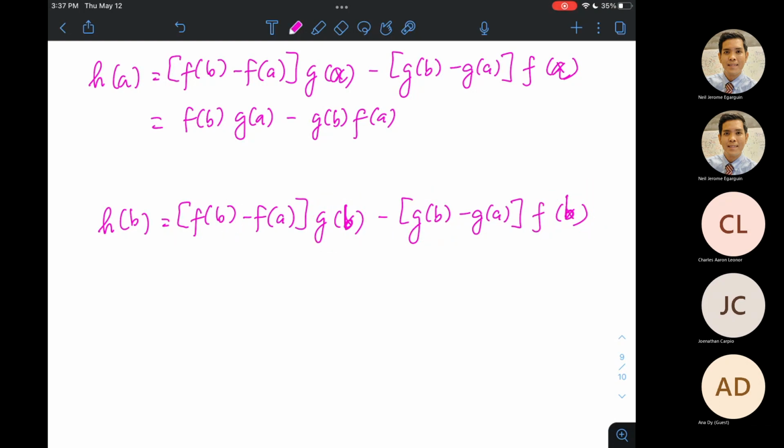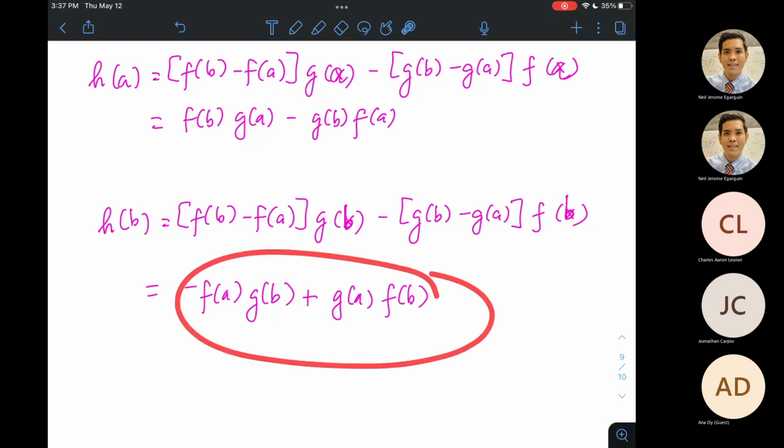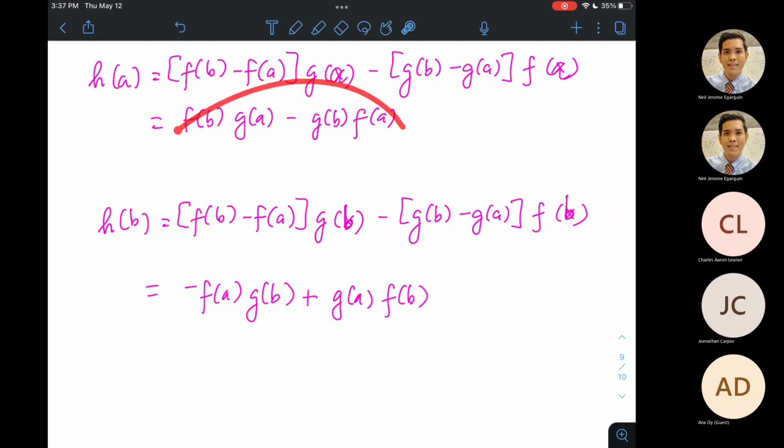So ibig sabihin, ang matitira na lamang ay negative f of a, g of b, tapos ano nga yung na-cancel sa kabila? Okay, magkakaroon ng minus, magkakaroon ng plus, g of a, f of b. And this is exactly this guy.